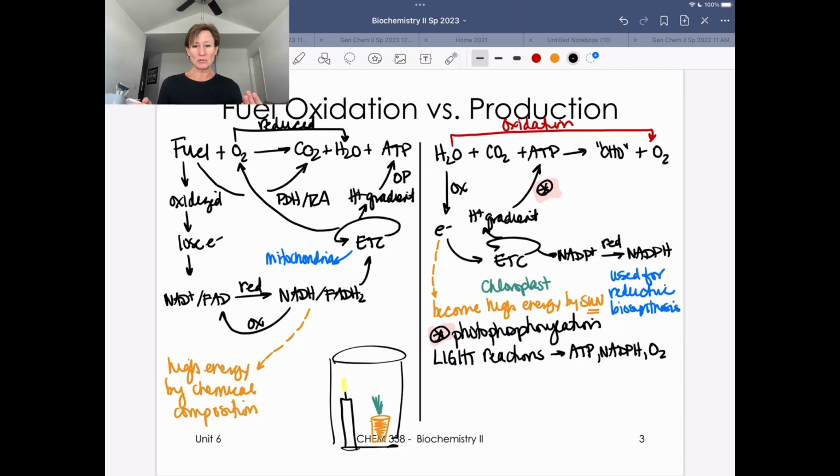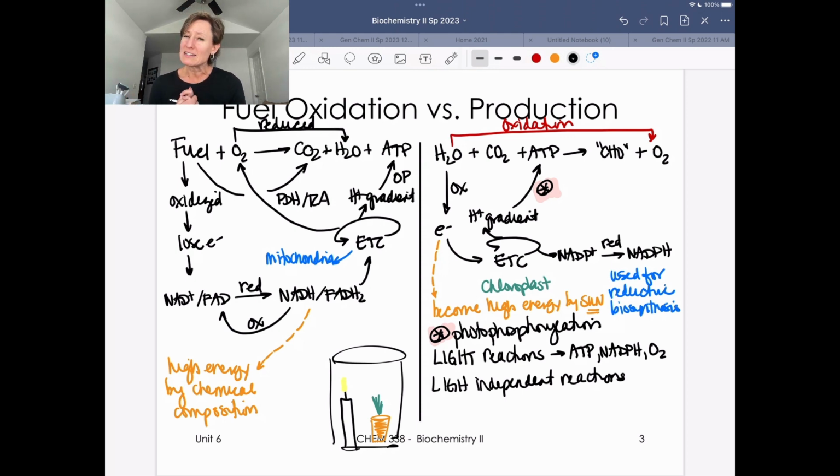Okay, so we've got the light reactions, and then we're going to have the light independent reactions. Ultimately this is where we're going to use the energy from ATP, the electrons from NADPH, and we're going to glue carbon dioxide molecules together, that's called carbon fixation, and generate carbohydrates.